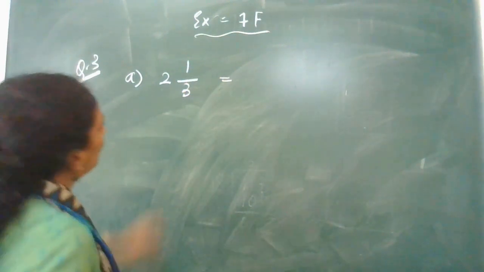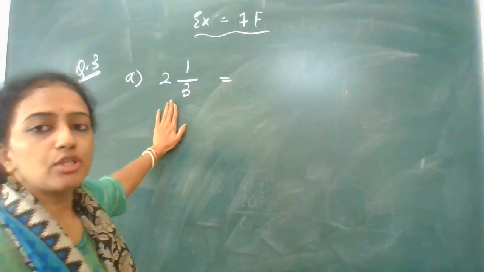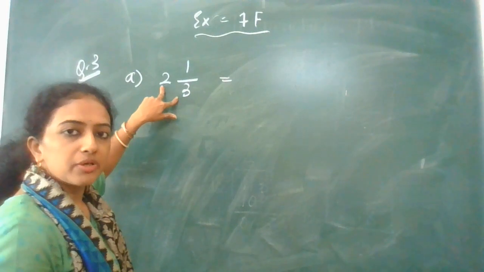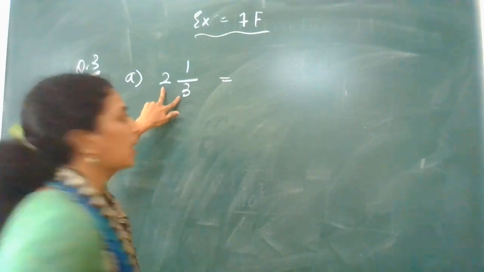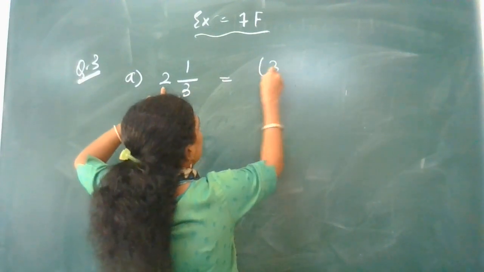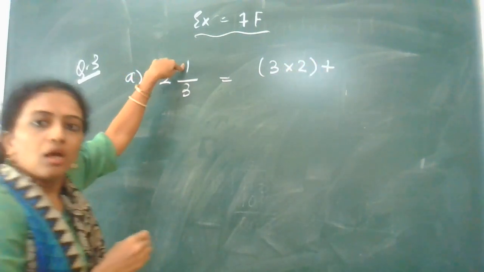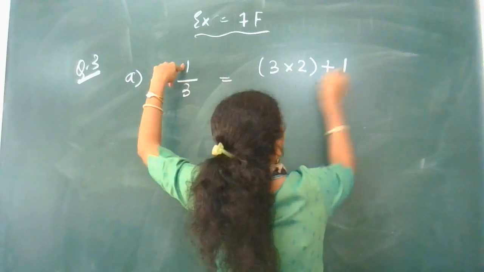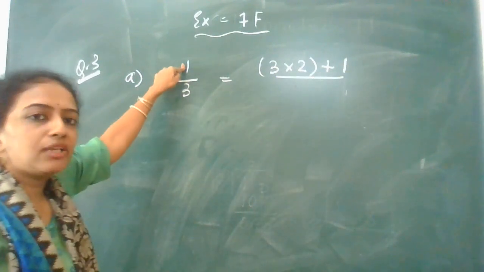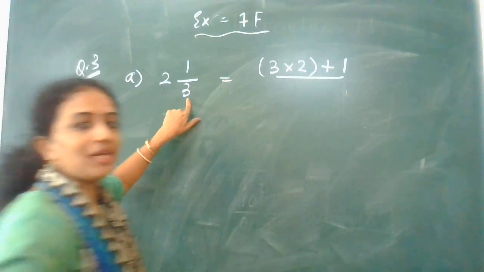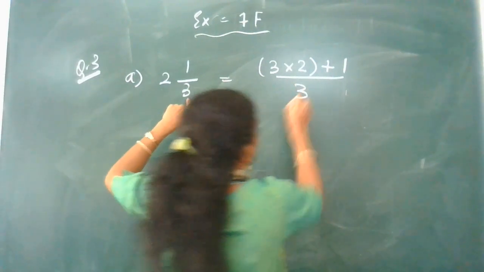As we all know, when you're converting a mixed numeral to an improper fraction, we'll be multiplying these two numbers. So 3 multiplied by 2, and whatever answer comes, we add the numerator. Don't forget to write the denominator. A fraction is always with the denominator, so please don't forget to write it here.